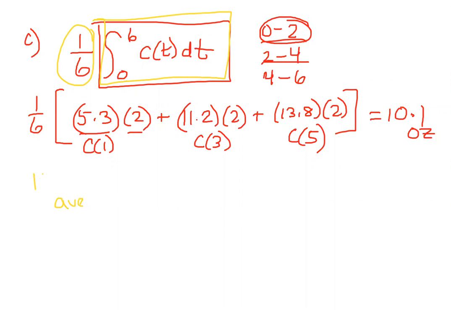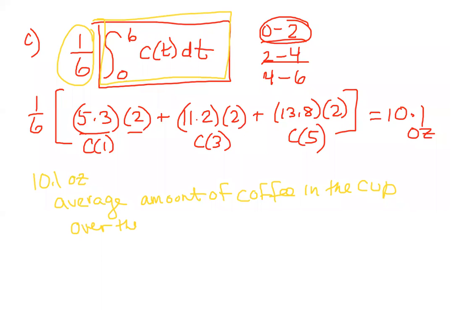So 10.1 ounces is the average amount of coffee in the cup over the interval 0 to 6.